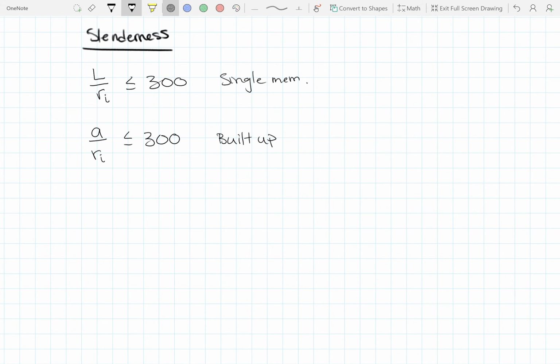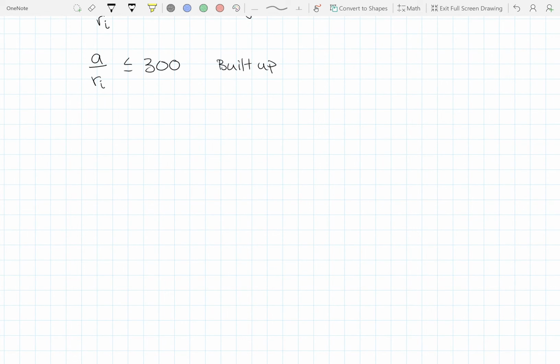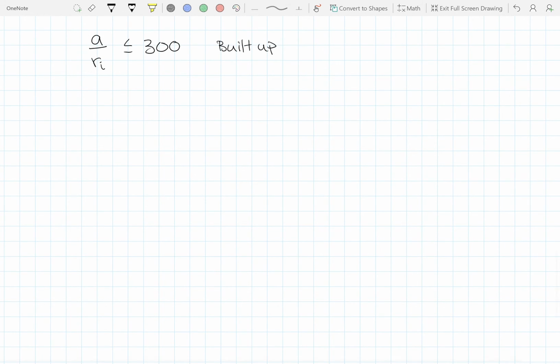Okay, so the other thing that I just want to quickly run through is how a design process might look. In a design process, you would use the table in the tension member chapter of the manual, and you would calculate what is PU.